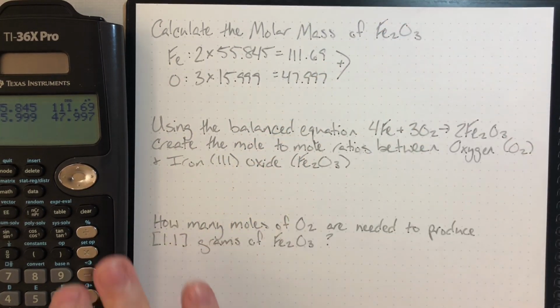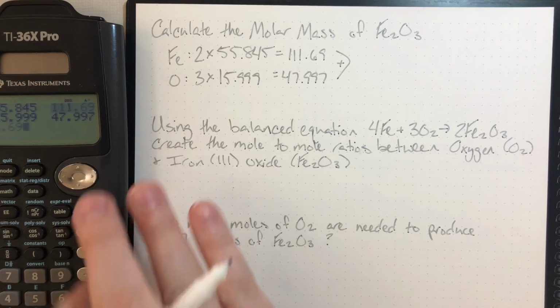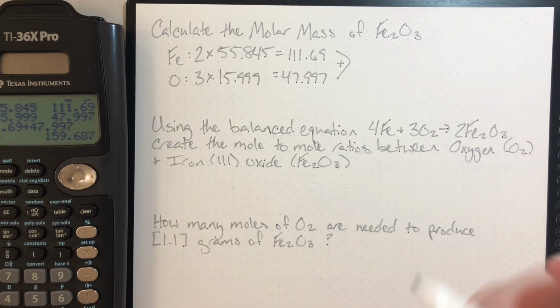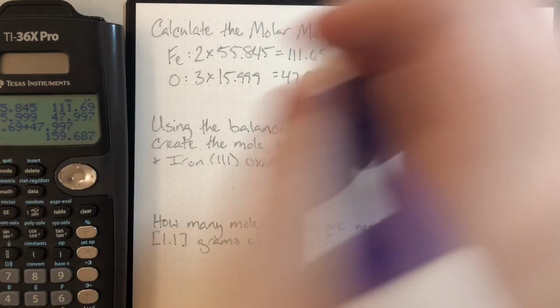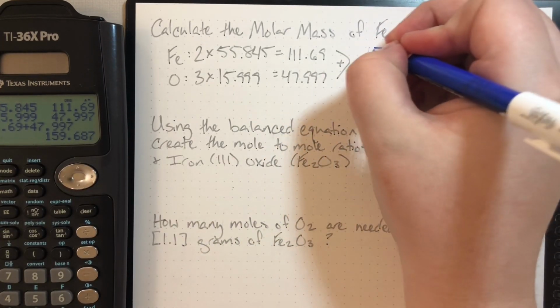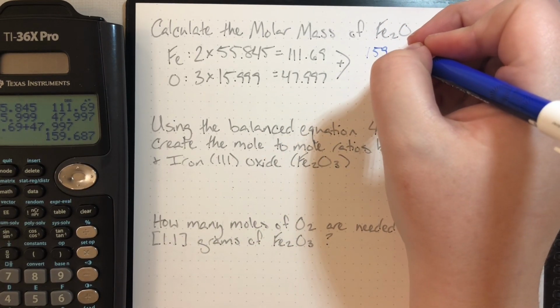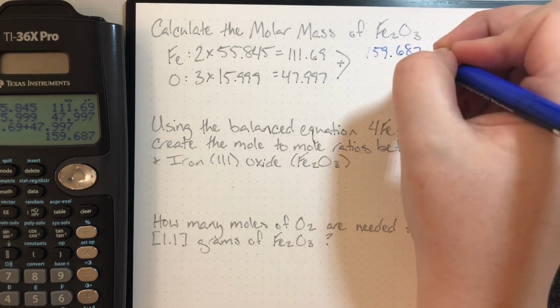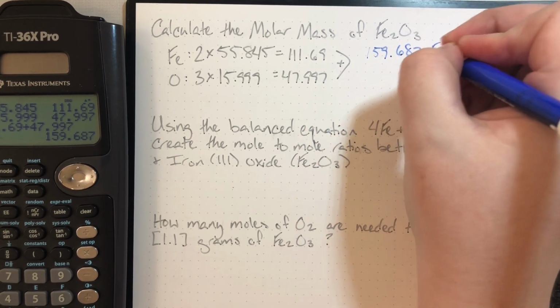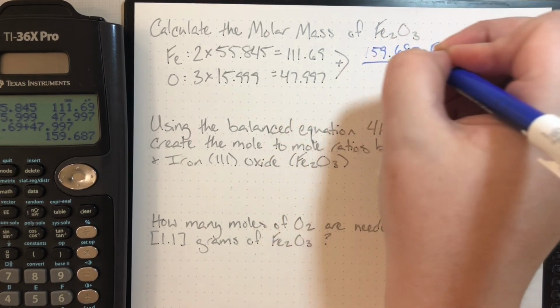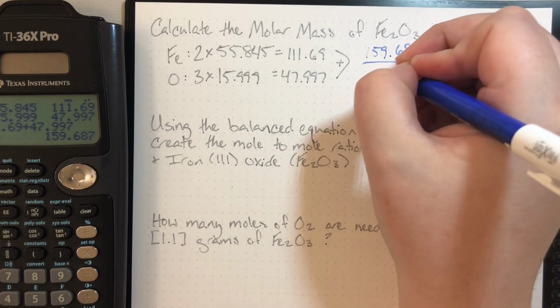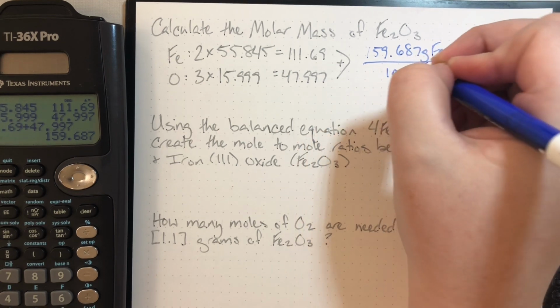When I add these up, I am left with 159.687 grams of iron 3 oxide for every 1 mole of iron 3 oxide.